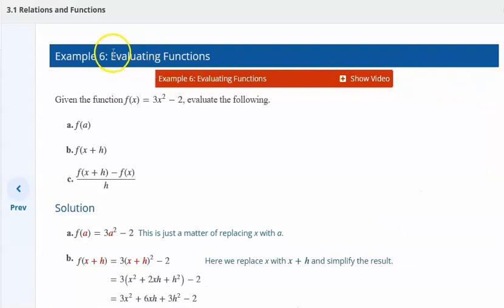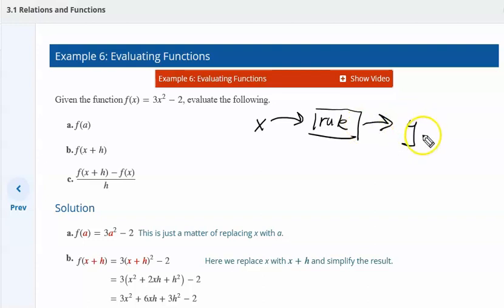Continuing and on to example 6 now. It says we're given this function. Now, once again, we have an x value that we're going to input into a rule, and then we're going to get an output, which would be what our y equals.